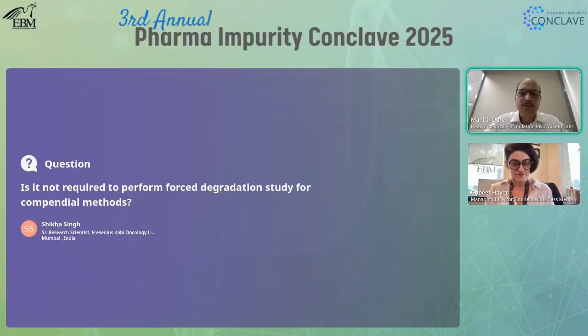So the system suitability information and the COA would suffice, but as per the quality control department, we have to ensure complete validation and method transfer activity using different parameters.